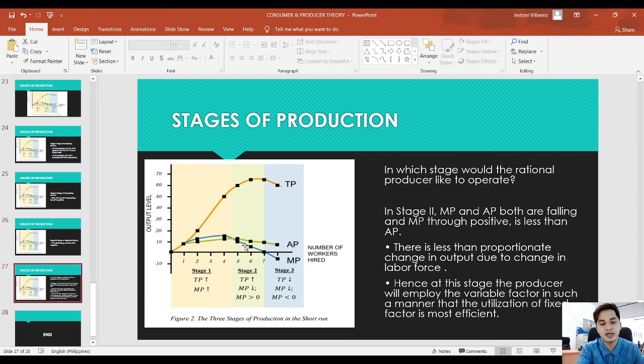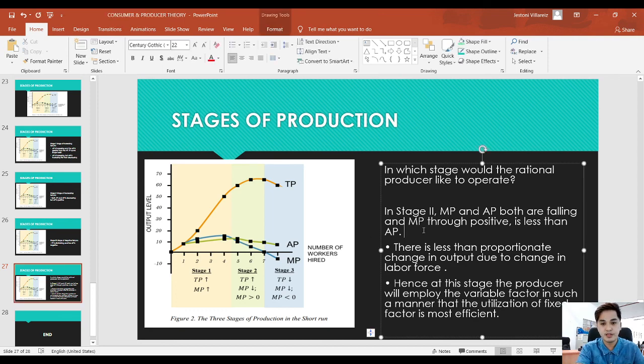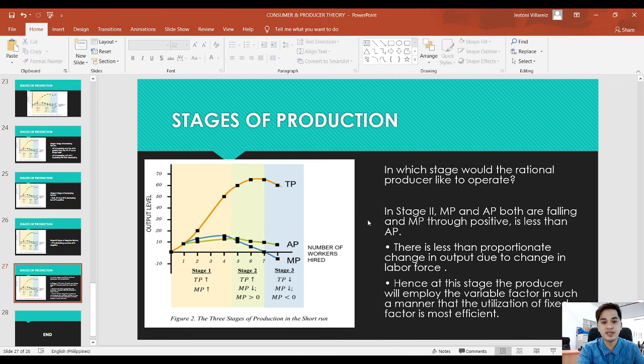So that's how you can explain it to someone. Right? And that's how businesses or suppliers make their decision on how many inputs to employ in a certain production.